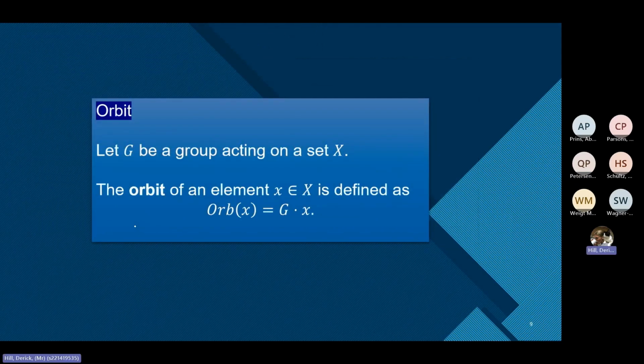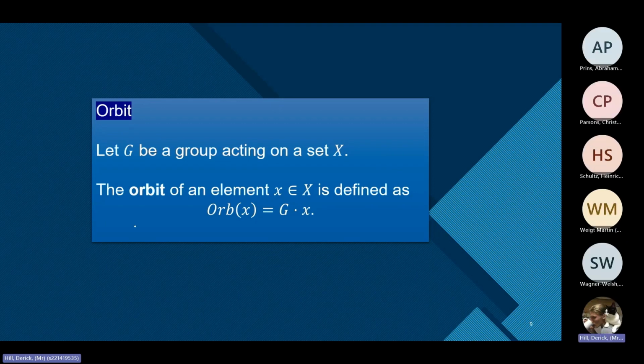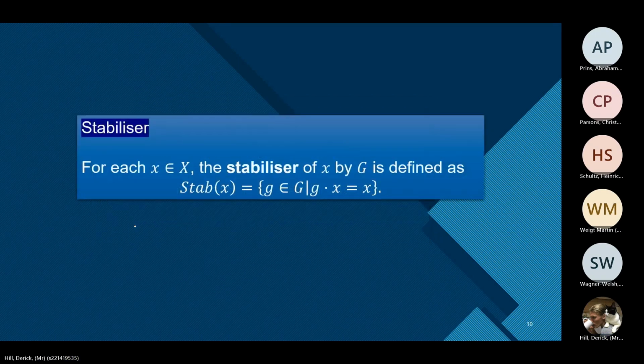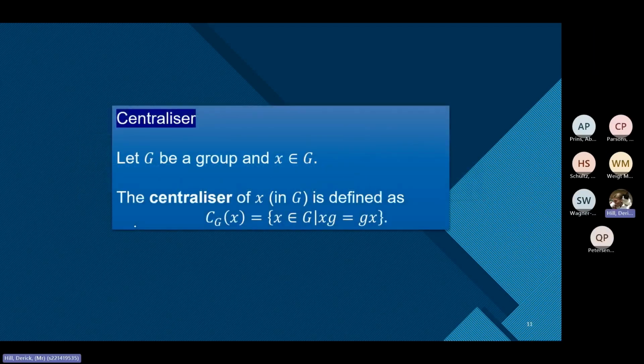Where were we? We were at the orbit. Now, if we have a group acting on a set X, the orbit of an element X is all the elements that G takes that element X to. Next, we have a stabilizer, and the stabilizer is all the elements of G that, when we act G on X, take X right back to X. Next, this one we should all know, is that of a centralizer.